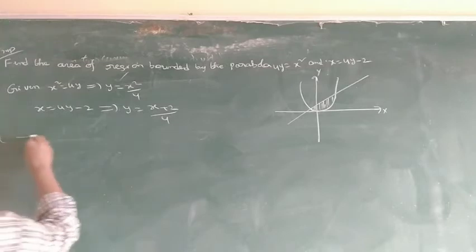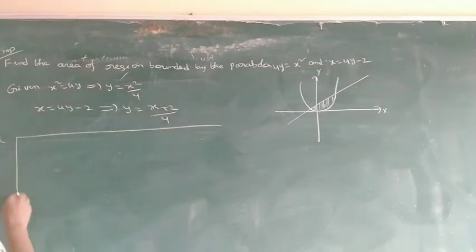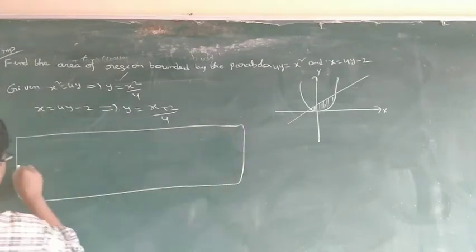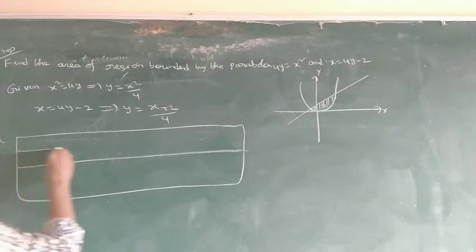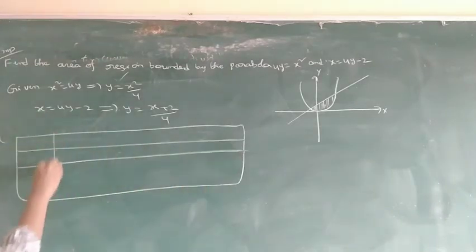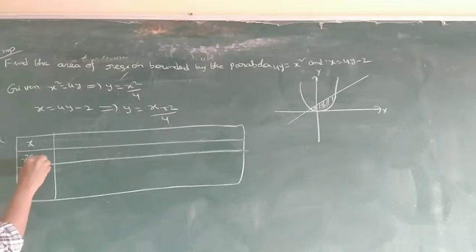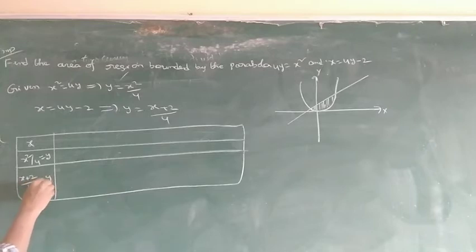Table: x square by 4 is equal to y, x plus 2 by 4 is equal to y.